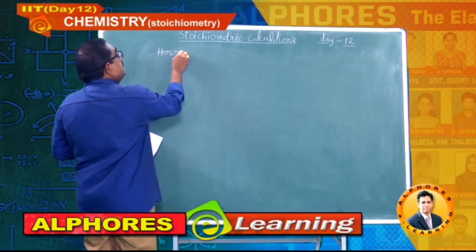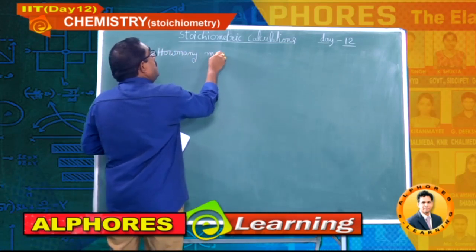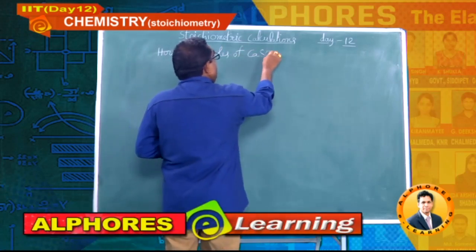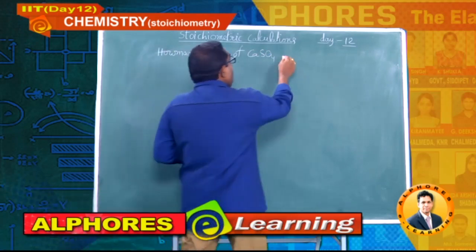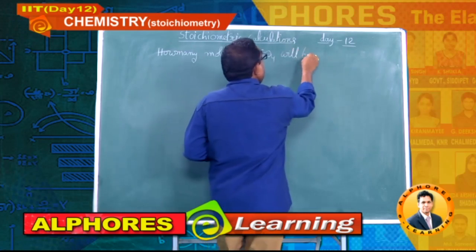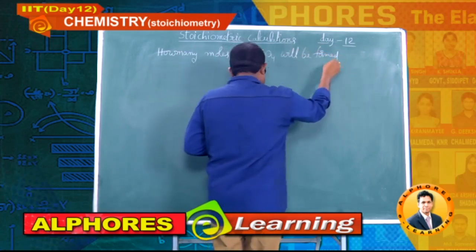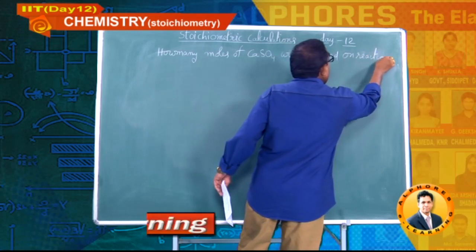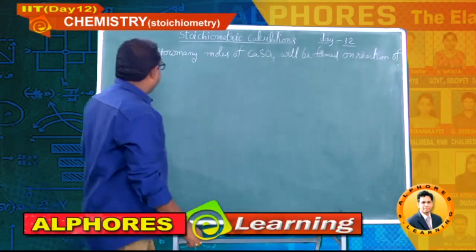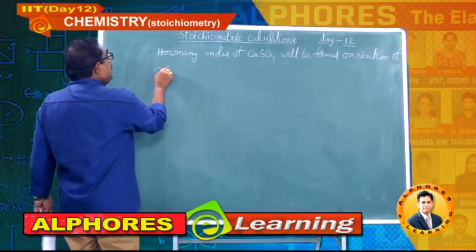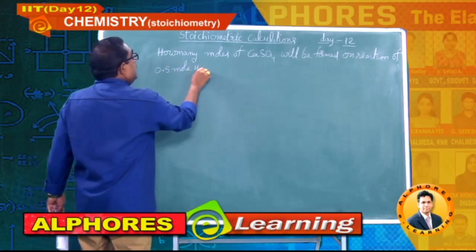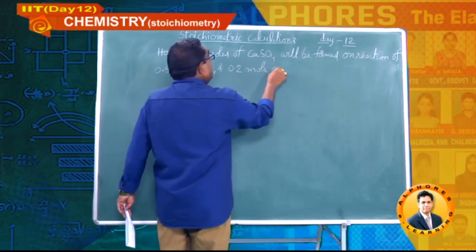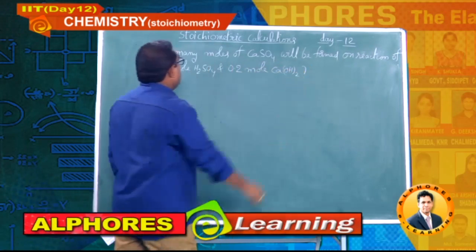How many moles of calcium sulfate, CaSO4, will be formed on reaction of 0.5 mole sulfuric acid and 0.2 mole calcium hydroxide? That is the question.